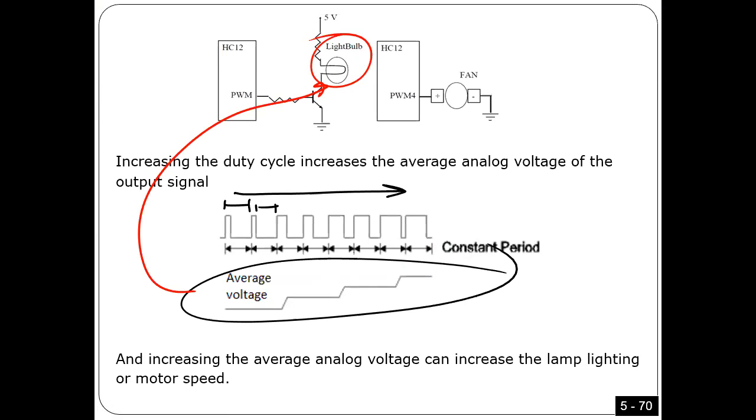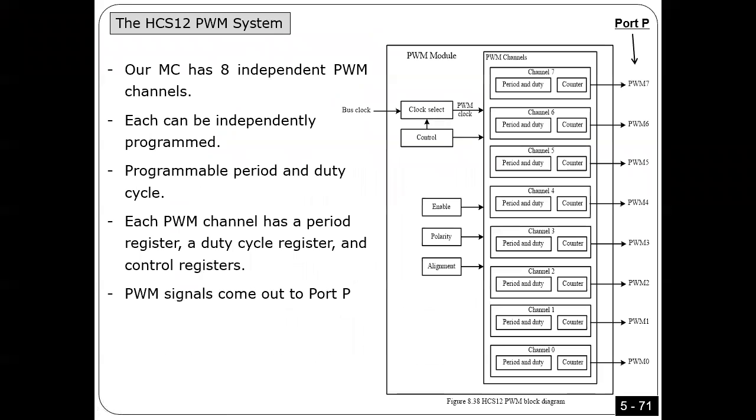By increasing the duty cycle, you increase the voltage, and when I increase the voltage, you increase the lighting. Same thing if you have a fan here, you can make it spin faster when you increase the frequency. Just some applications, and for sure the other application, as I explained, is the servo motor.